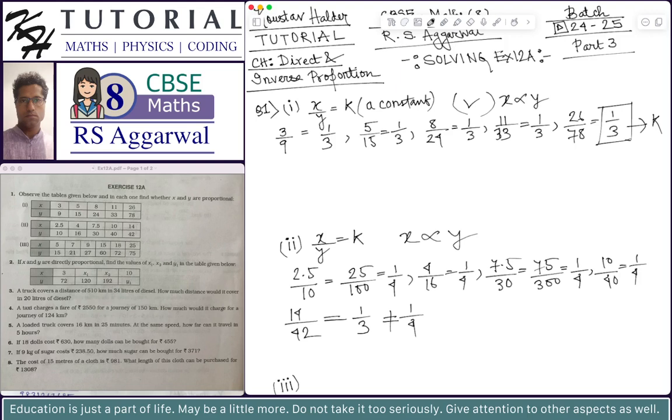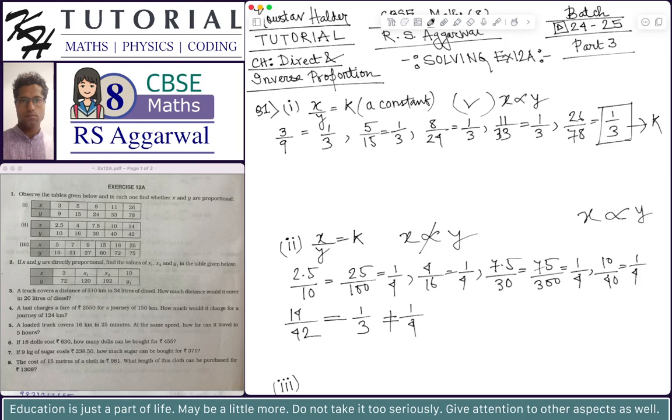To express that mathematically, I am using this symbol. When we write this symbol, it means x and y are in direct variation, that is, x varies directly with y.